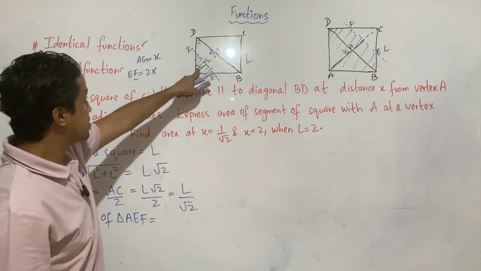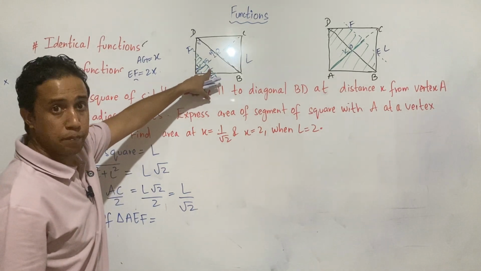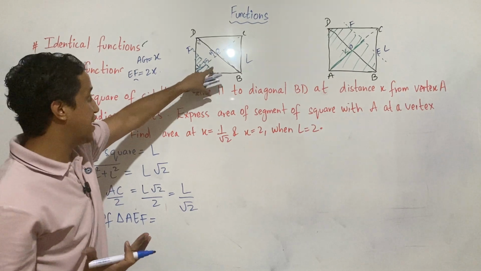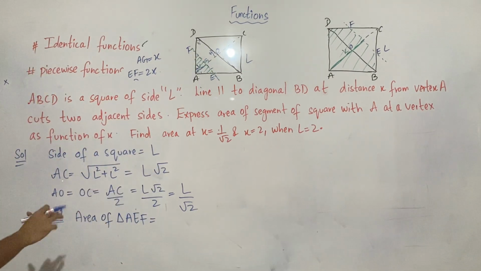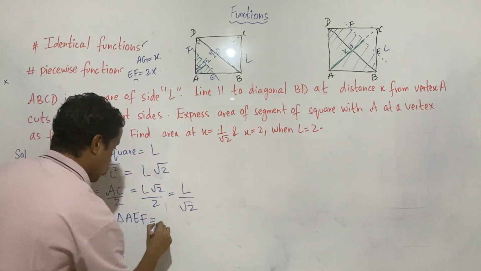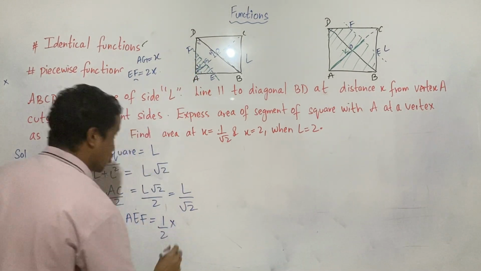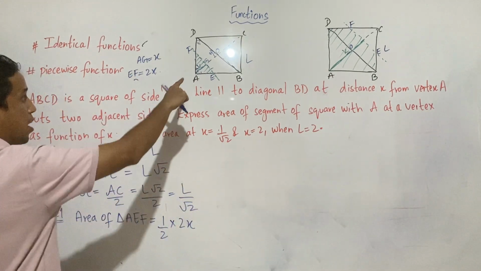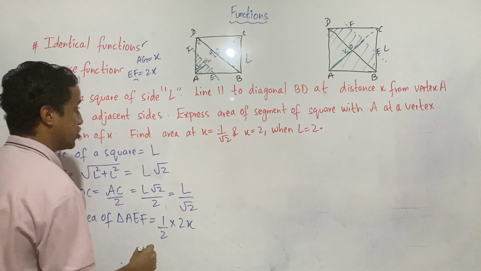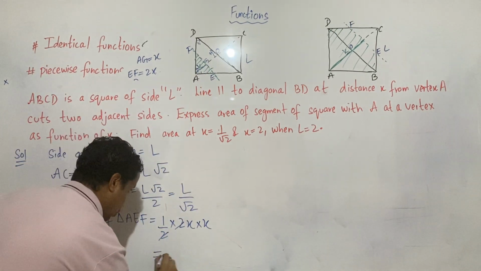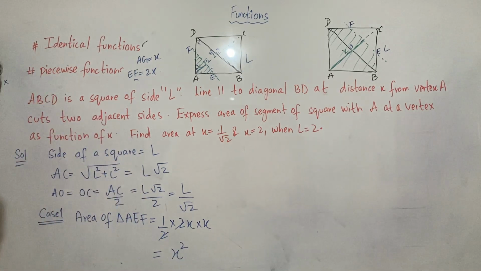Because this is going to be the same as this, because this is a right angle isosceles triangle and these two sides have to be equal. So your area of triangle AEF is going to be half into base, which is 2x, multiplied by height, which is x. So your area is going to be x square, right?